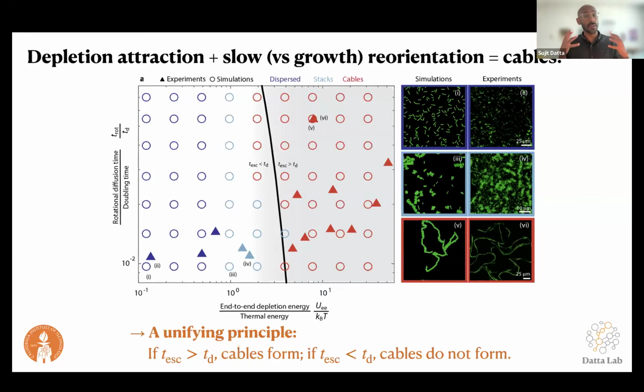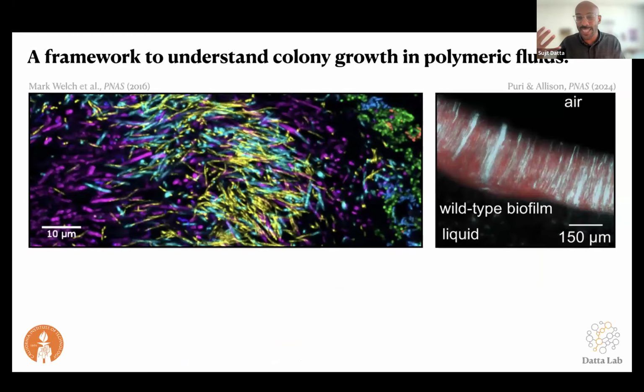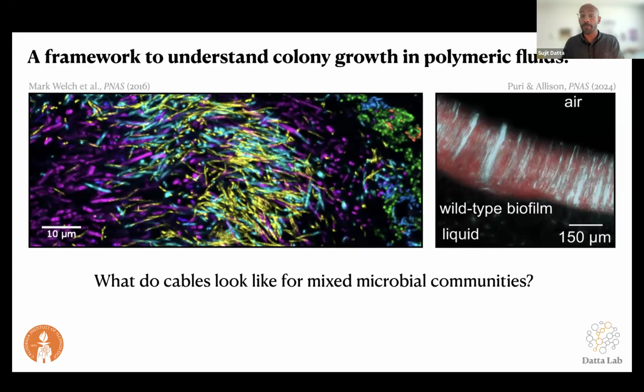And so this gives us a way now to predict, right, across different polymer types, cell types, when we expect this really weird kind of cable formation to arise. And so that gives us a framework to now start to understand these kinds of structures that biologists have seen in many different contexts, but the explanation for why they arise has been unclear, right?